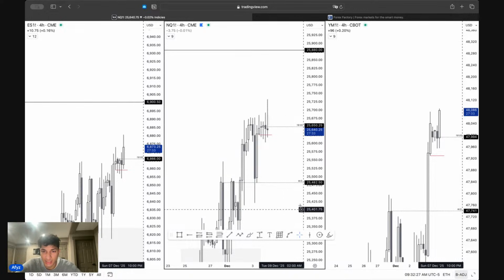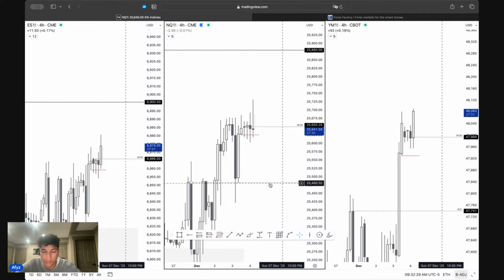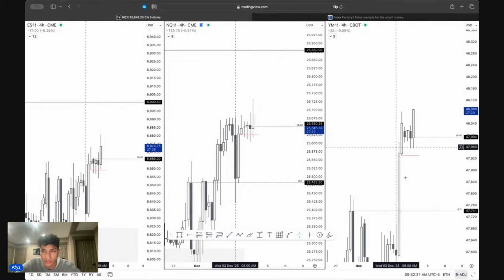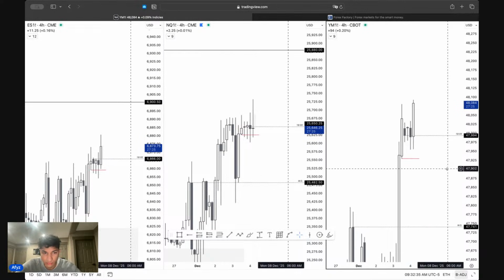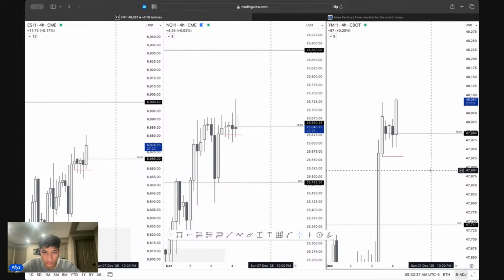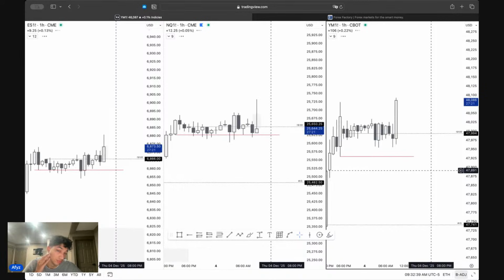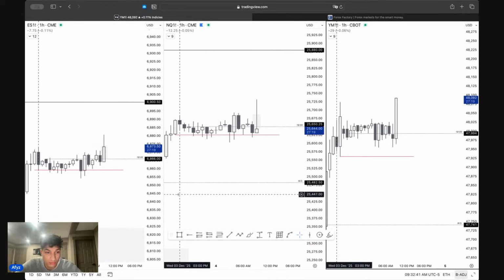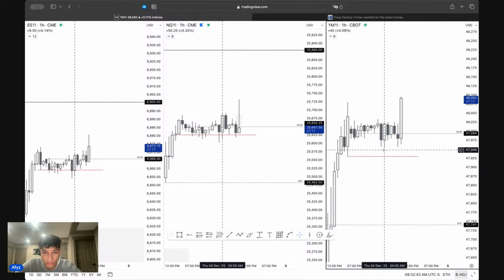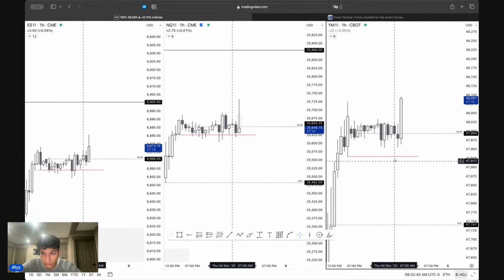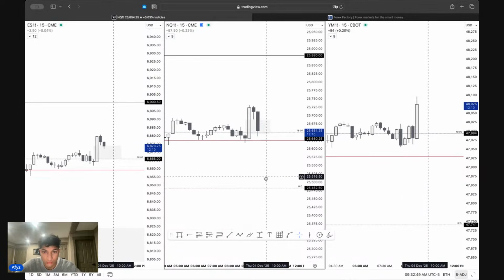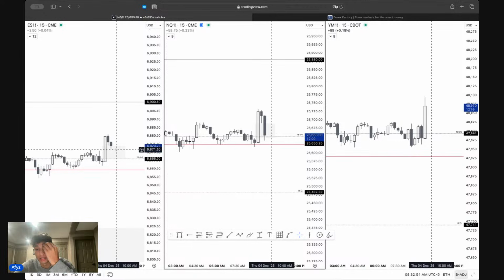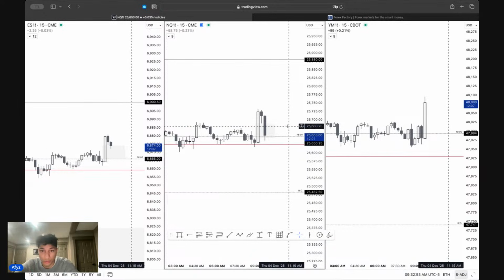So we're seeing NASDAQ and YM decouple for the open. It's pretty common actually to see this. I want to see if this gap is respected on these two assets, this internal range of liquidity.